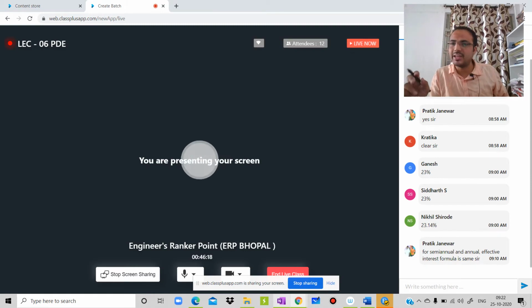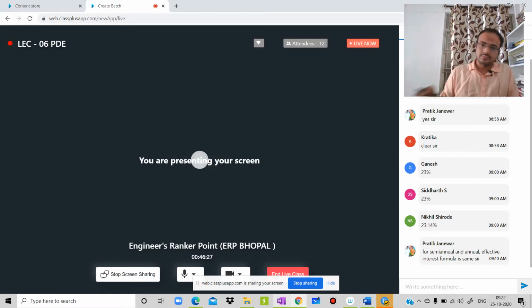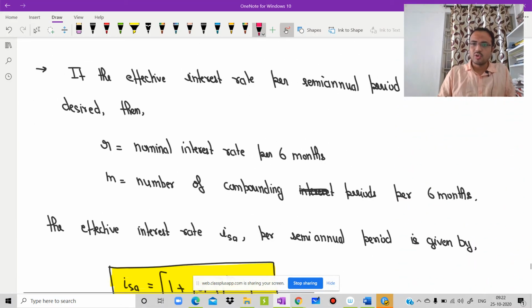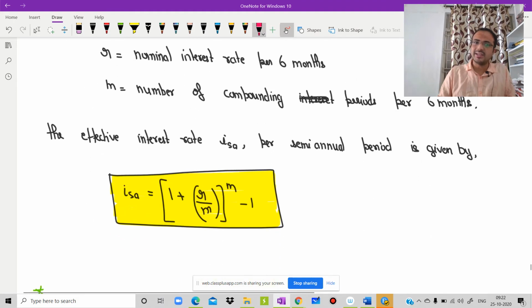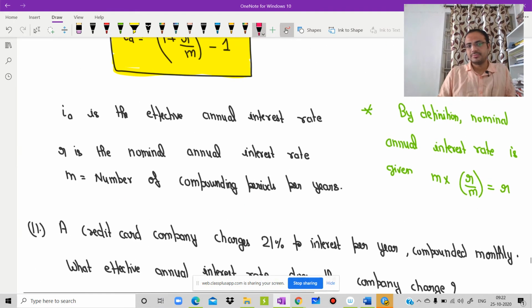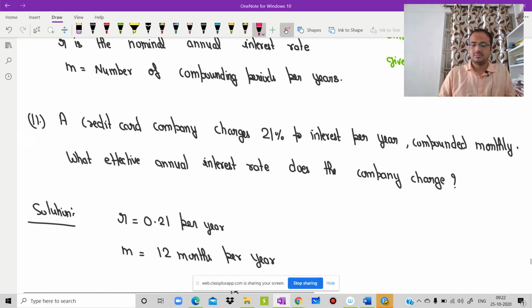Formula will be the same, but you need to understand which one is for which. I assume annually and biannually. Pratik, just check. Formula is same, but representation is semi-annually and annually. Is it clear?